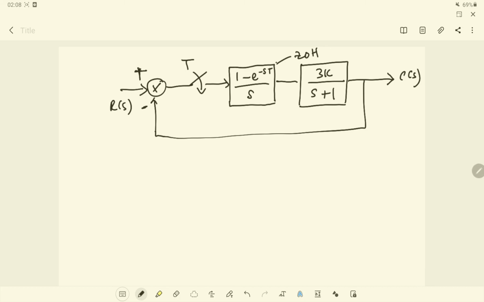Normally the questions will be: first, you have to convert the system to the digital form.